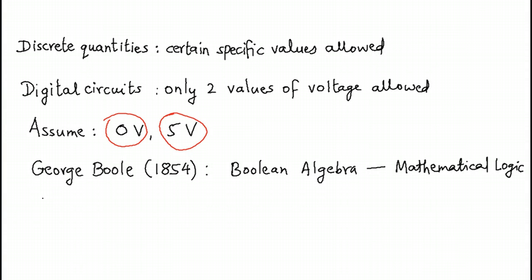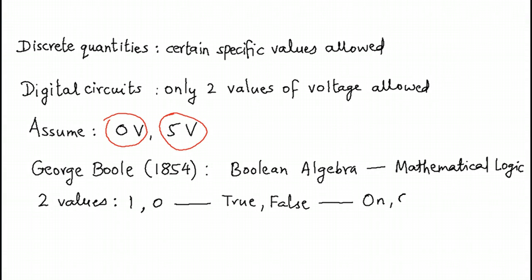In Boolean algebra, you have only two values, namely 1 and 0. They are sometimes called true and false, and on other occasions they are called on and off.